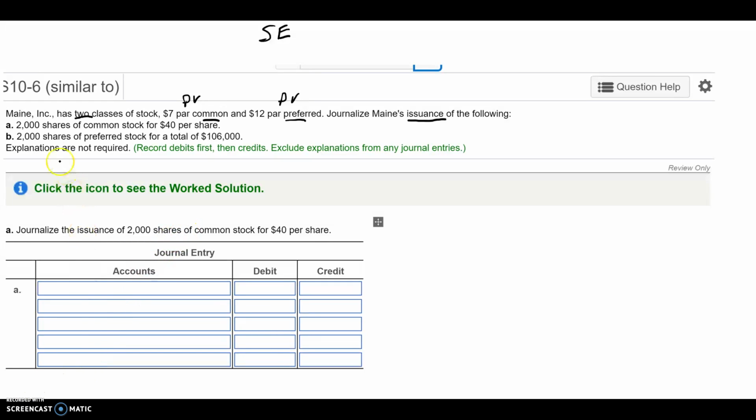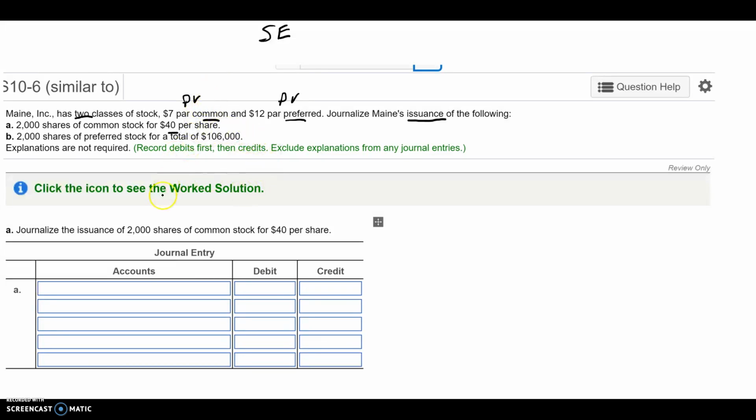Take a minute and run the numbers for 2,000 common at 40 and 2,000 preferred. Well, you don't have to run this number. It's 106. Okay, so 2,000 common is $80,000.